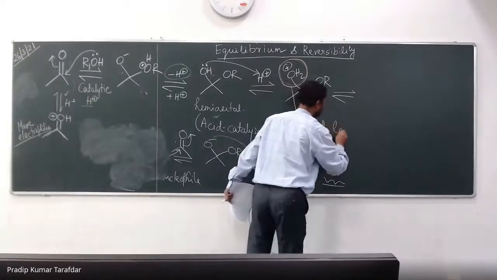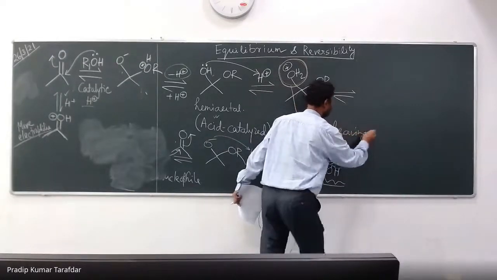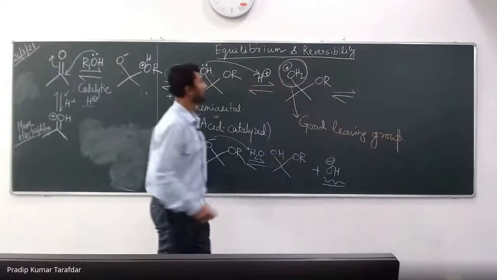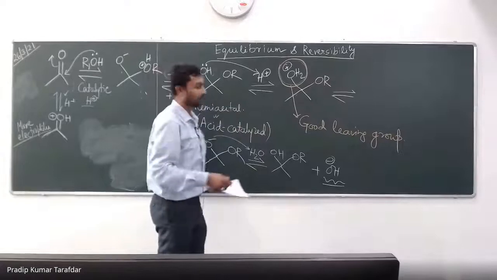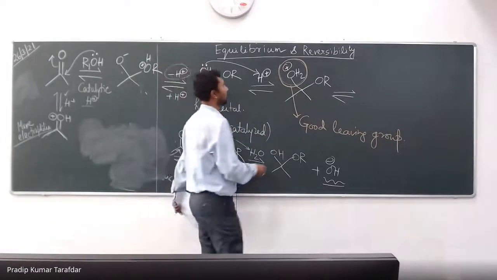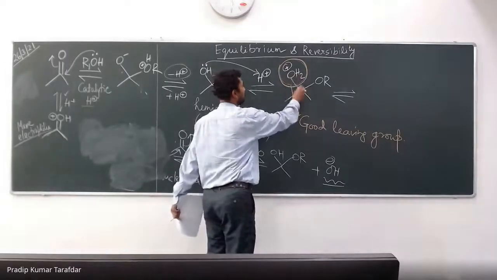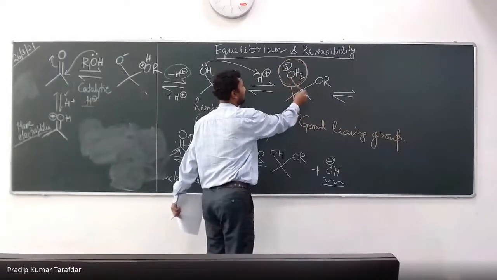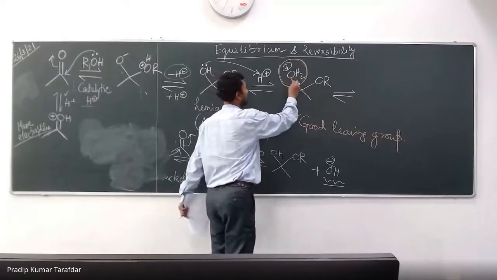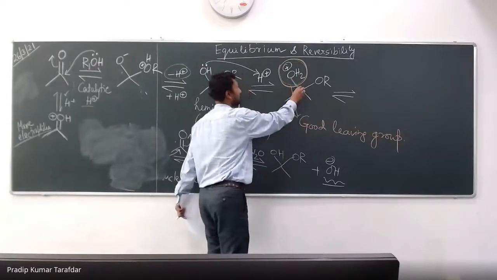Good leaving group means it can be removed very easily. So this bond becomes weak, and you can very easily cleave this bond.